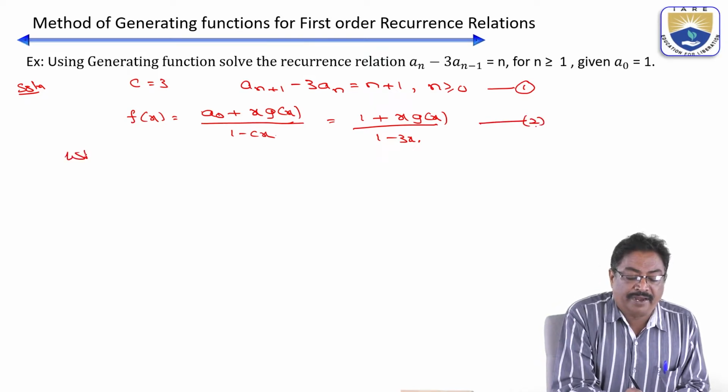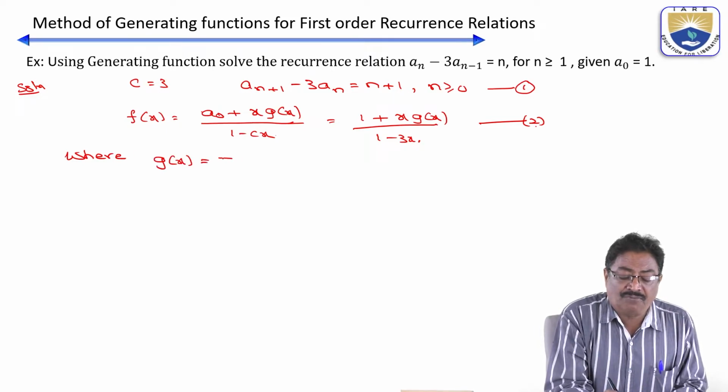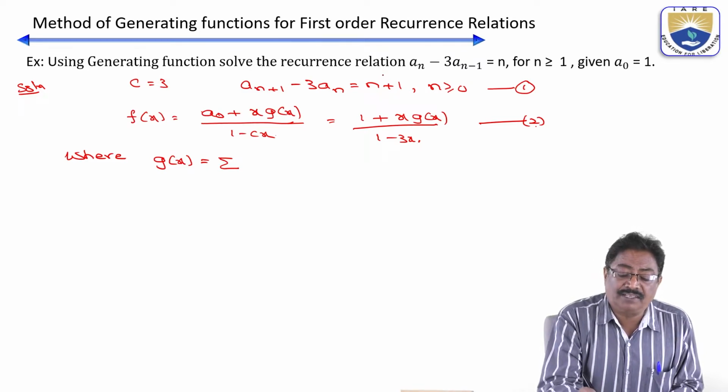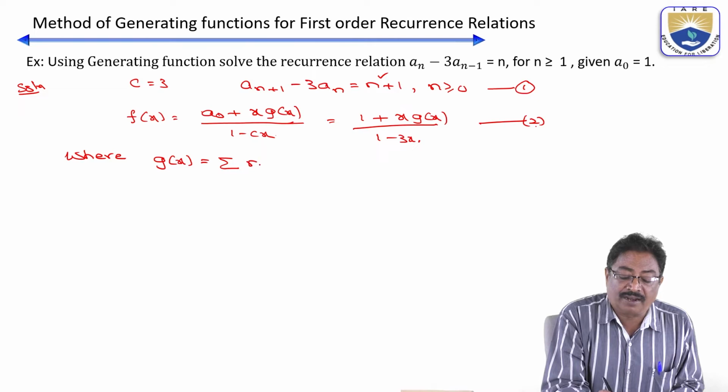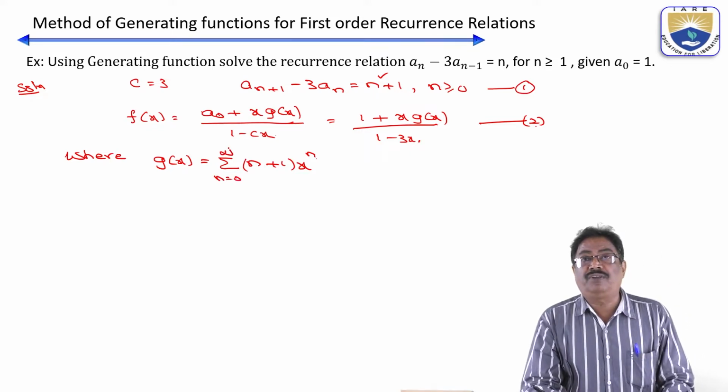Now we have to find g of x, where g of x is equal to summation of phi of n, and phi of n is equal to n plus 1 into x to the power of n, of course n equals 0 to infinity.